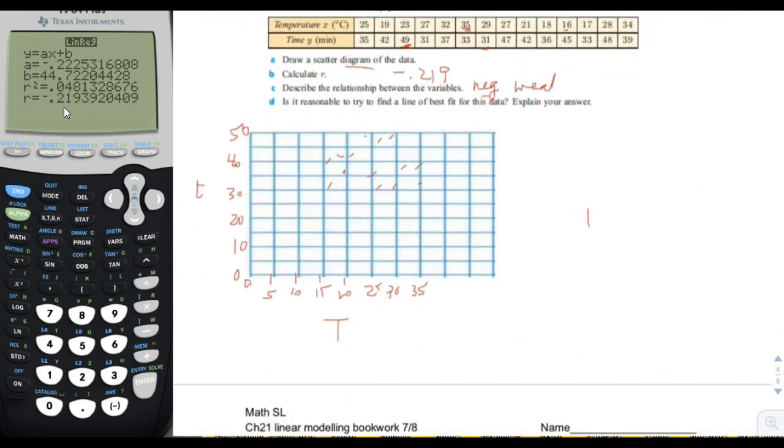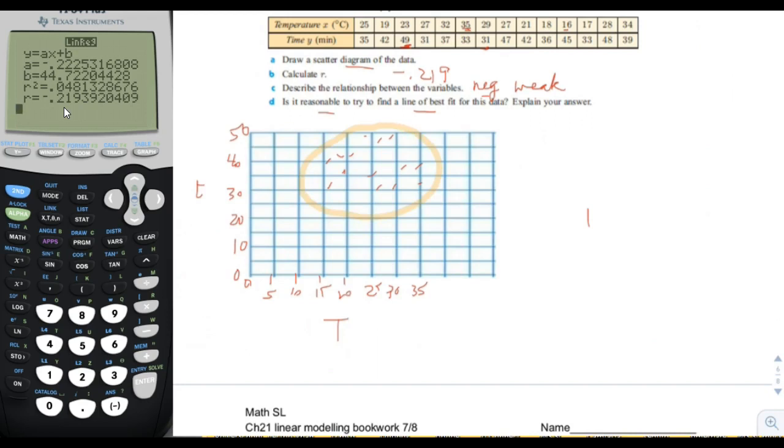Is it reasonable to try to find a line of best fit for this data? Explain your answer. Well, I would feel better about it if the R value was closer to 1, because if it's close to 1, that means that yes, you can describe this data with a line. Now, do you see how this data looks like a kind of a cloud? A real cloud, a big blob.